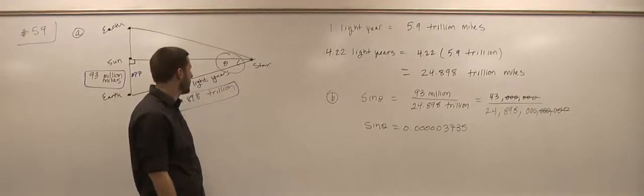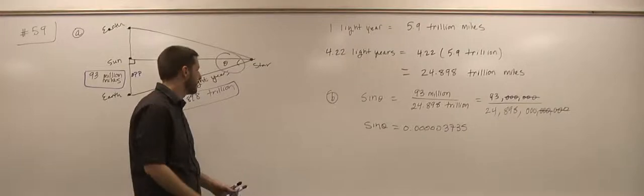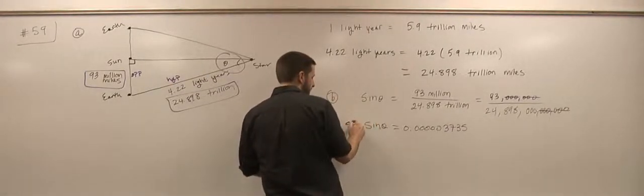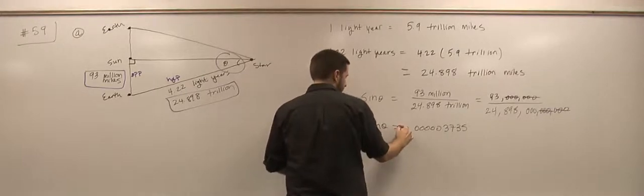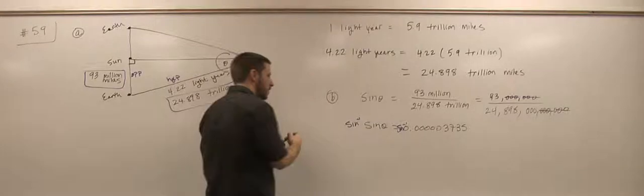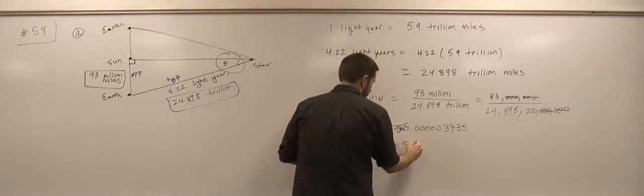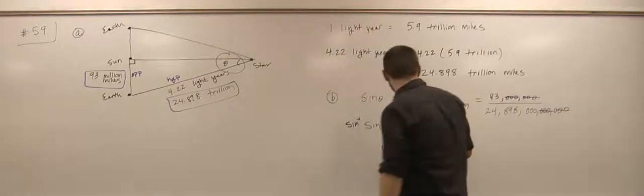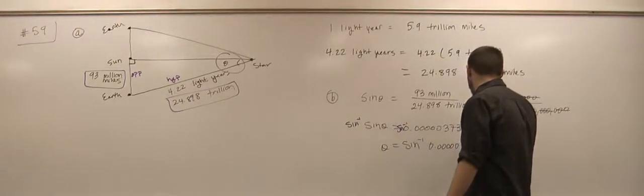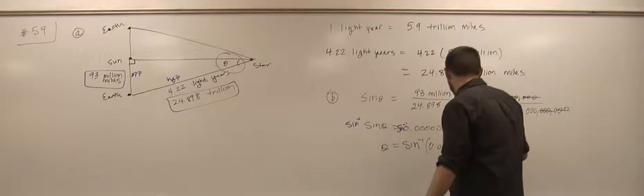So then how do we get theta? Sine inverse. You've got to get rid of this sine, so you take sine inverse of both sides. So then theta will equal sine inverse of 0.00000373.